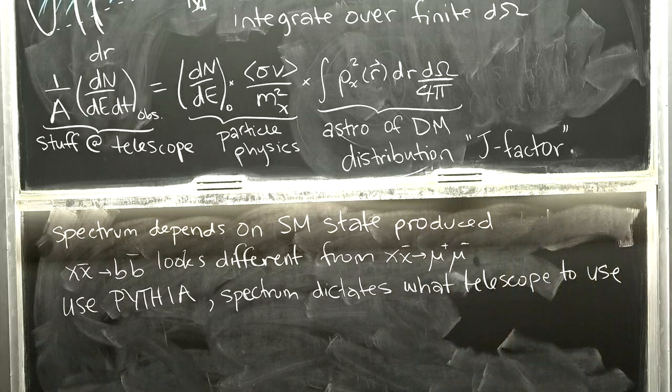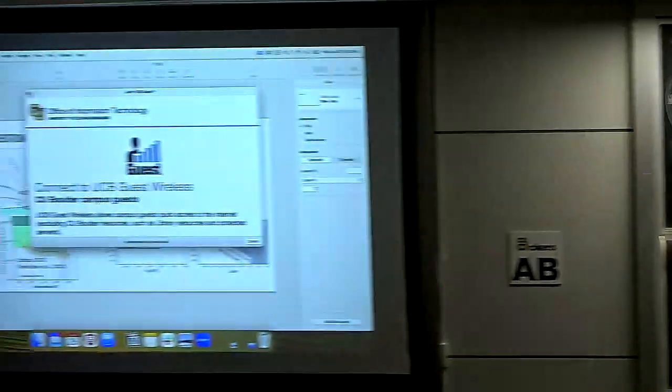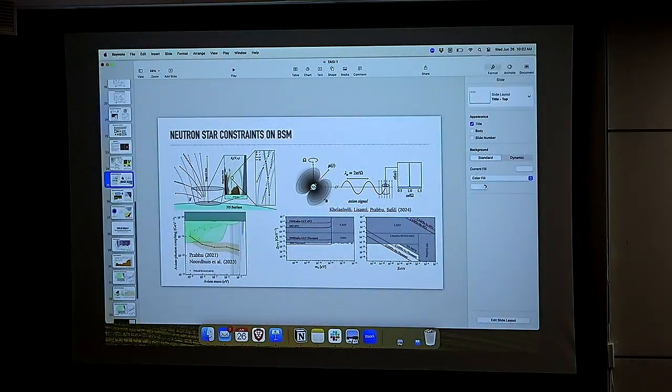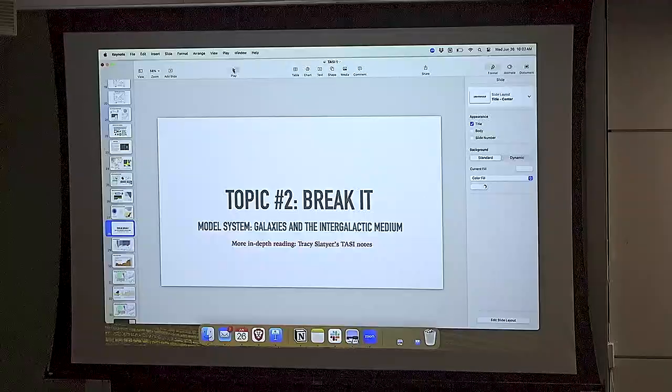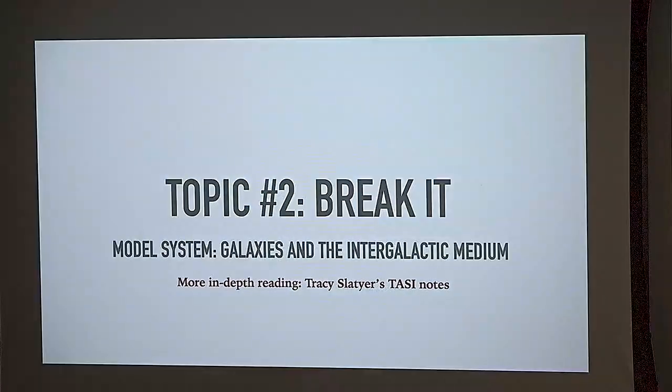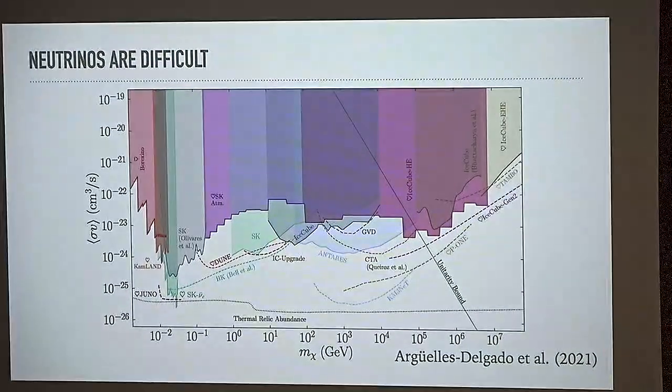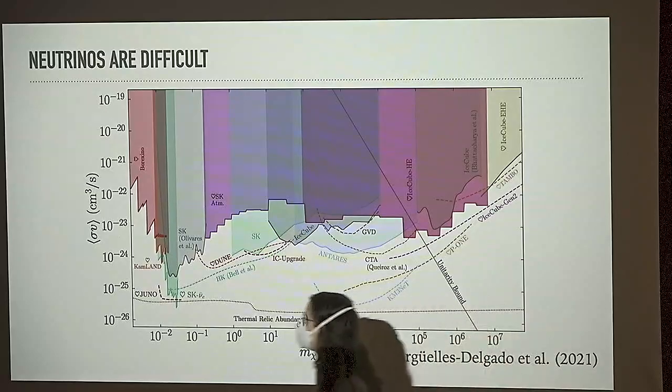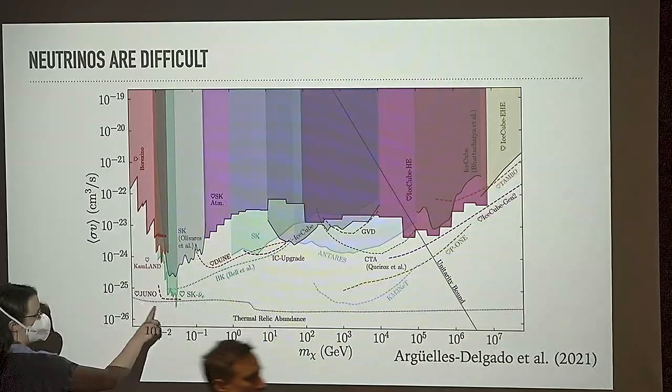Okay. So here is kind of a menu of the different options. Sorry, I told you I would justify and quantify the statement that neutrinos are really difficult final states. Here's that justification from Carlos and friends. Okay, so here is the thermal relic abundance.